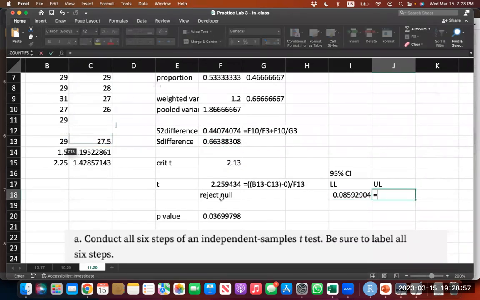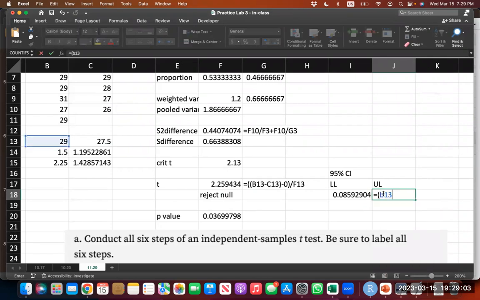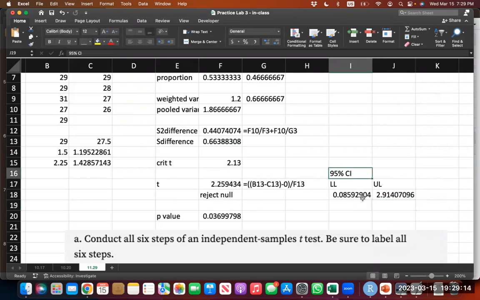Then we do E13 minus C13, D13 minus C13, plus our critical t multiplied by standard error of the mean. So that's basically the same 95% confidence interval that R gives us, and it indicates already it's not containing 0. Therefore, it is a significant difference.